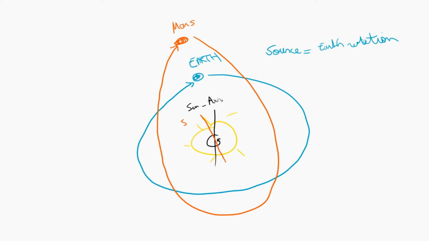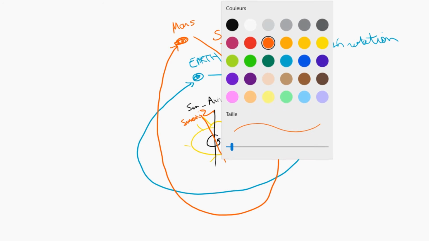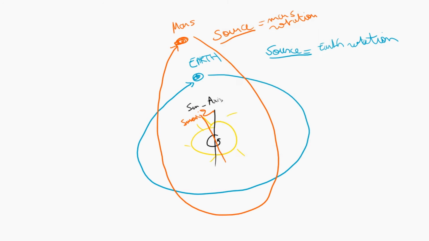So you would have sun axis number 2, and the source would be Mars rotation. And in my config, I would write this, and the game would run those two sources, and the Earth could rotate independently from Mars.